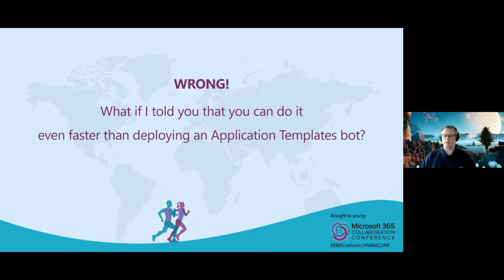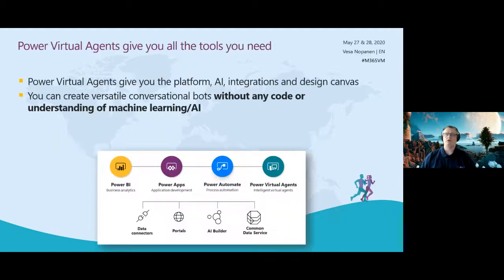That's so cool about Power Virtual Agents, because it gives you all the tools. It gives you the platform, the AI, the integration parts and a design canvas. So you don't have to code. You can create a conversation flow, and you don't have to understand anything about machine learning or AI, and you can start creating this.